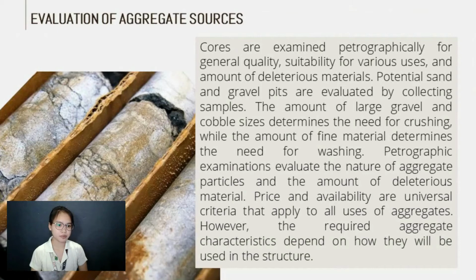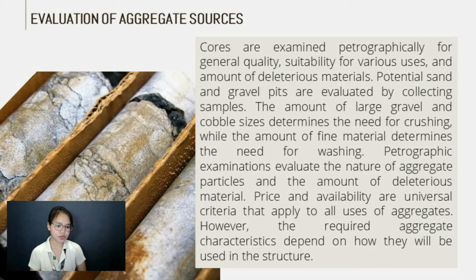Cores are examined petrographically for general quality, suitability for various uses, and amount of deleterious materials. Potential sand and gravel pits are evaluated by collecting samples. The amount of large gravel and cobble sizes determines the need for crushing, while the amount of fine material determines the need for washing.